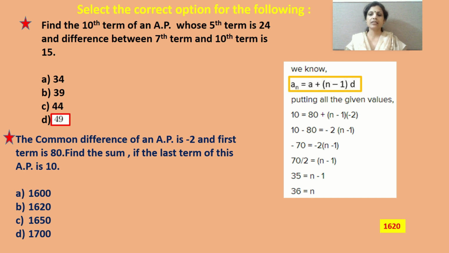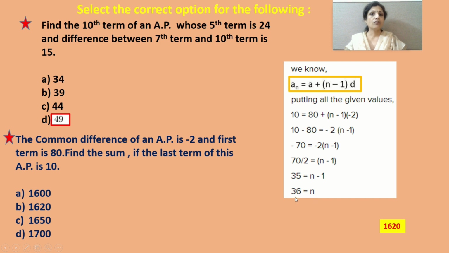So 10 minus 80 is equal to minus 2 in the bracket n minus 1. Again, 10 minus 80 is minus 70, which is equal to minus 2 in the bracket n minus 1. So the minus sign from both sides you can cancel. 70 upon 2 is equal to n minus 1. 35 is equal to n minus 1. So n is equal to 36.